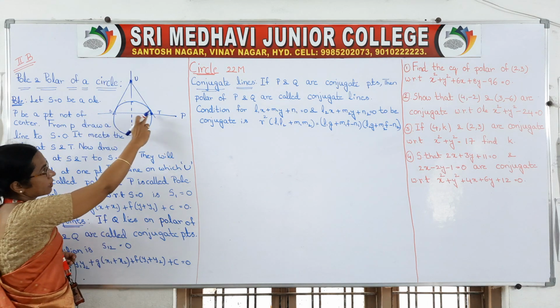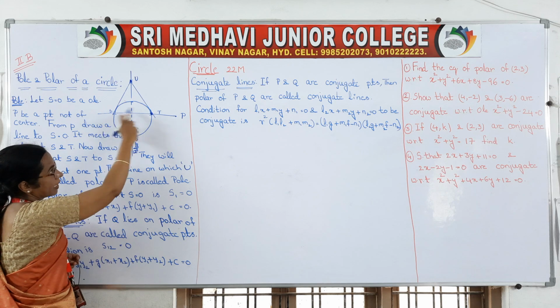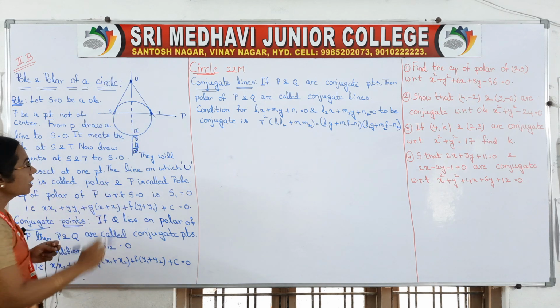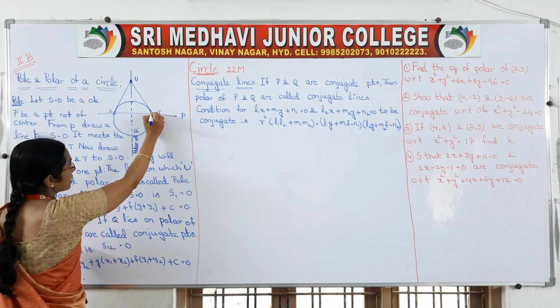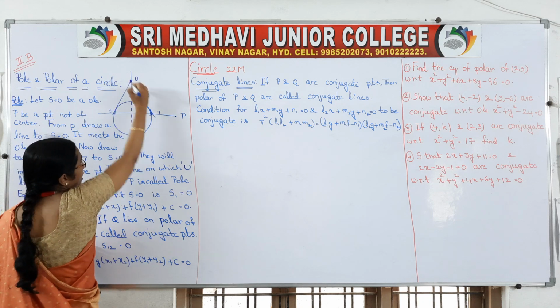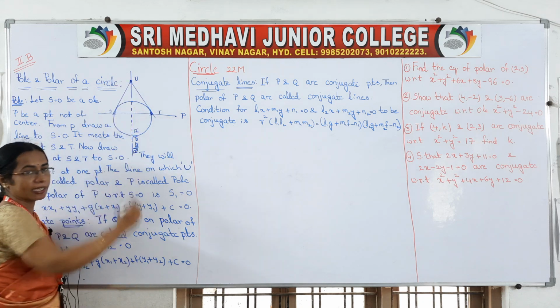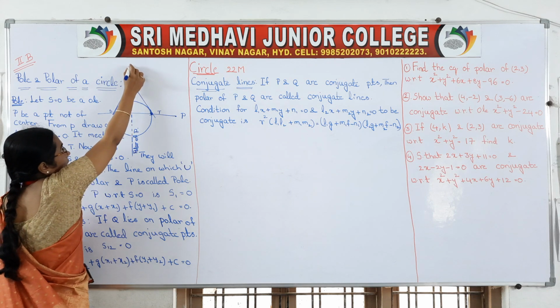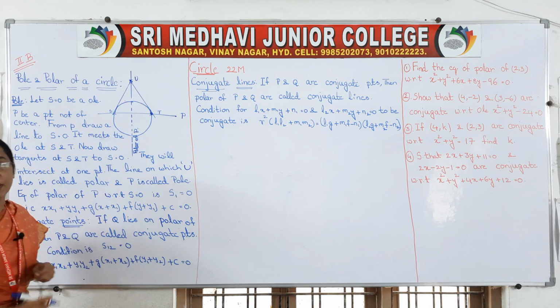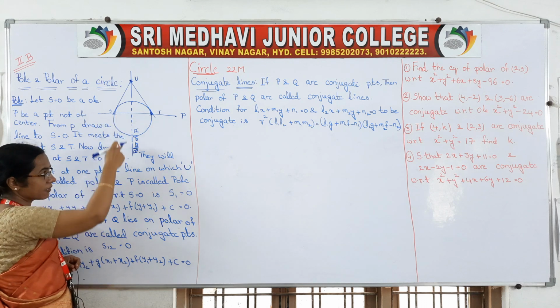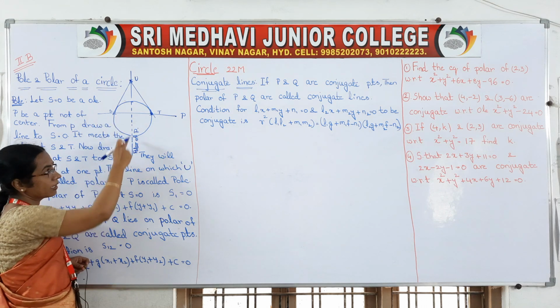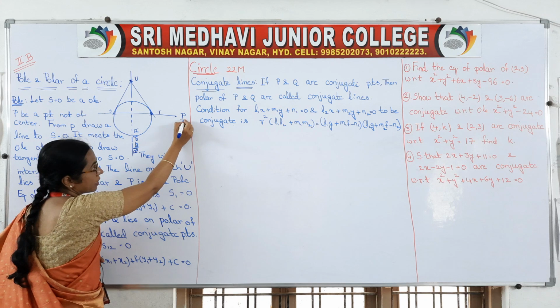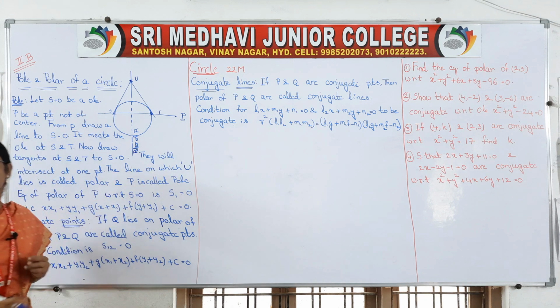It intersects the circle at 2 points S and T. From those intersection points, you take the tangent to the circle. They will intersect at one point. Now take a line through that point. That line is called polar of that point P, and P is called the pole of the circle.